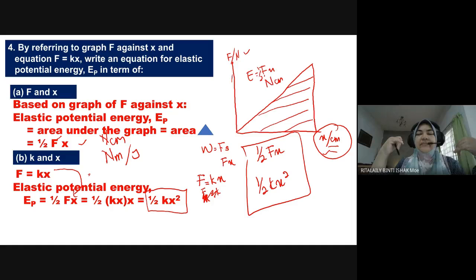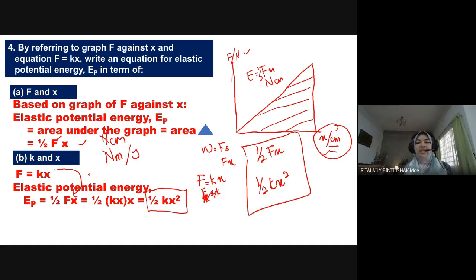Sometimes for objective questions, the unit in the question is not SI unit, however the choice of answer is in SI unit. So when the answer is in SI unit, your calculations should all be in SI unit. SI unit means Joule, Pascal, meter per second, these are all SI units.